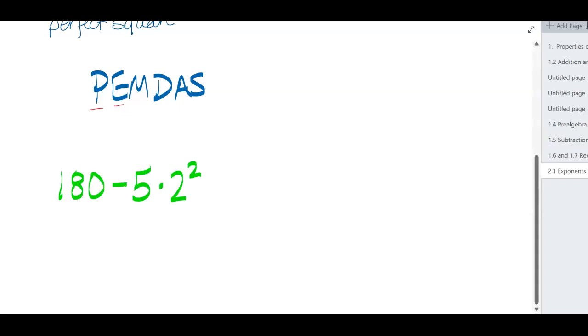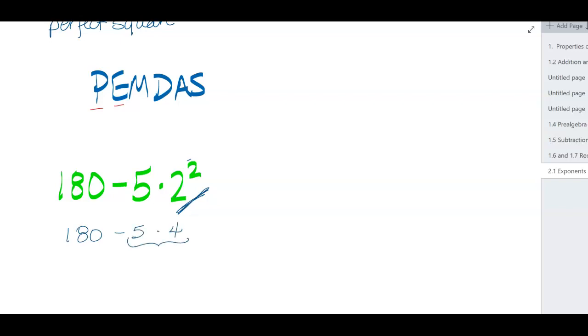And so I'm going to write a problem out. This is actually one from the worksheet. So using PEMDAS, you have to do this exponent before you multiply by the 5. If you multiply 5 times 2, you're going to get 10 squared, which is 100, and it's wrong. You have to do your exponents first. So I'm going to rewrite this as 180 minus 5 times 4.